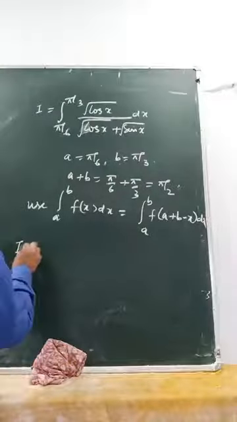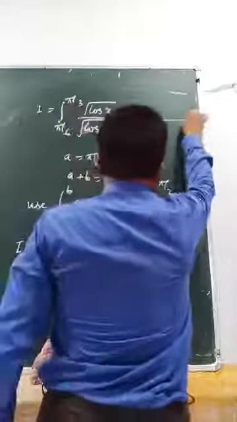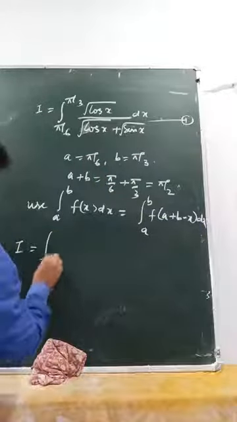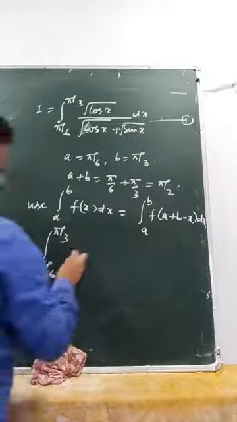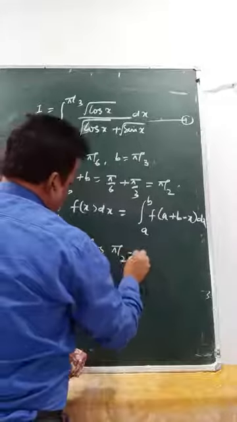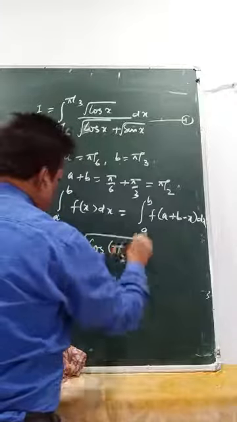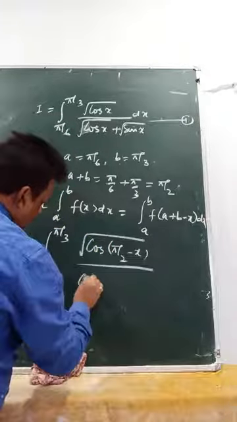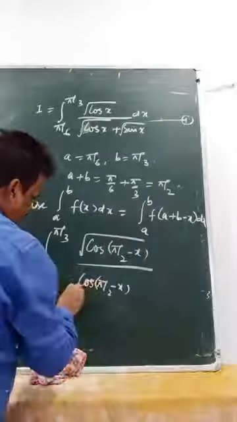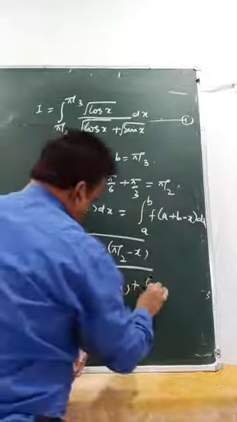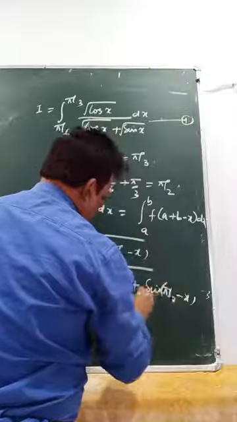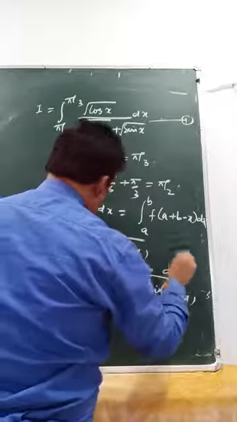So I equals, this is your equation number 1, integral from pi/6 to pi/3 of root cos(pi/2 - x) by root cos(pi/2 - x) plus root sin(pi/2 - x) dx.